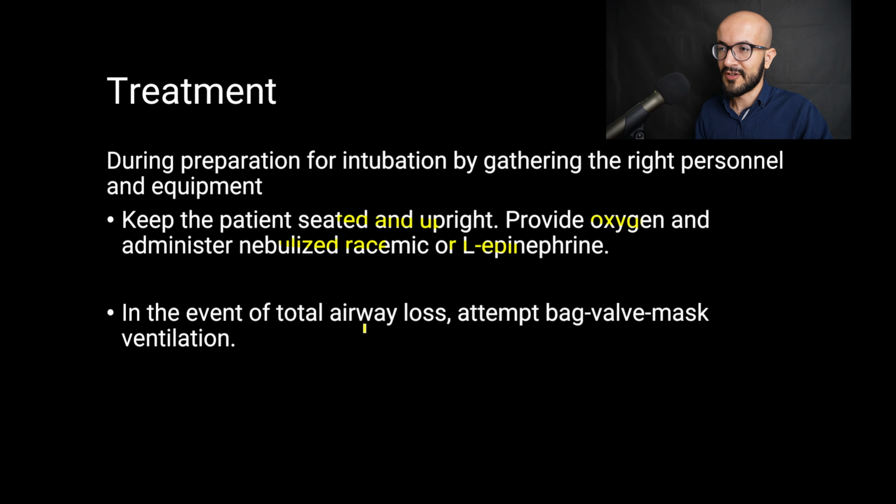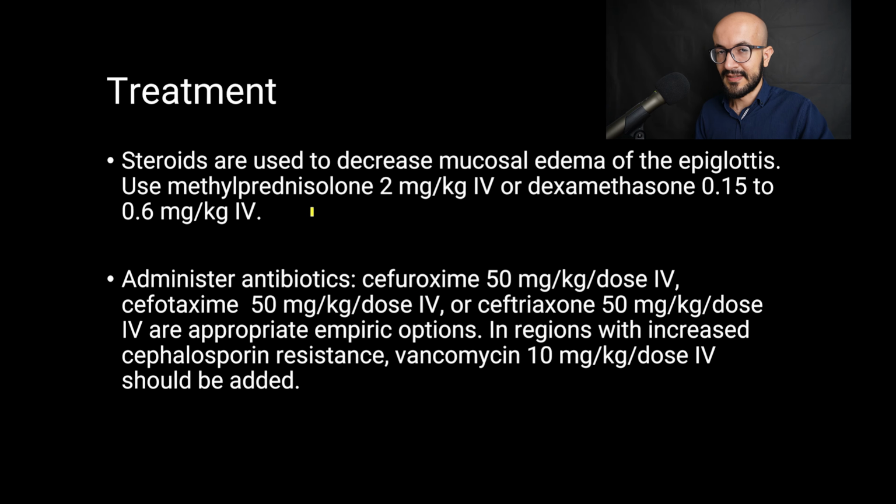And in the event of total airway loss, you attempt bag valve mask ventilation, and steroids are used to decrease mucosal edema of the epiglottis, and you use methylprednisolone 2 mg per kilogram intravenous or dexamethasone 0.15 to 0.6 mg per kilogram, and you administer antibiotics, cefuroxime 50 mg per kilogram per dose, or cefotaxime 50 mg per kilogram per dose, or ceftriaxone at the same dose.